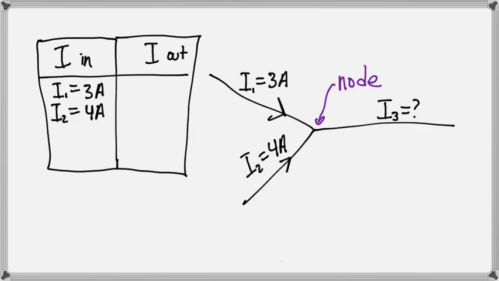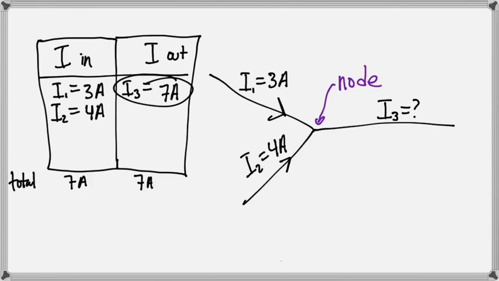They combine to make a total of 7 amps. There's only one possibility for the out current, that's I3, and this must be 7 amps also, because the in must equal the out.